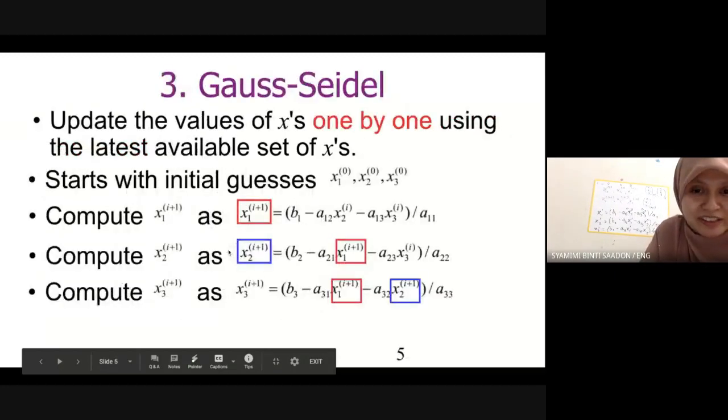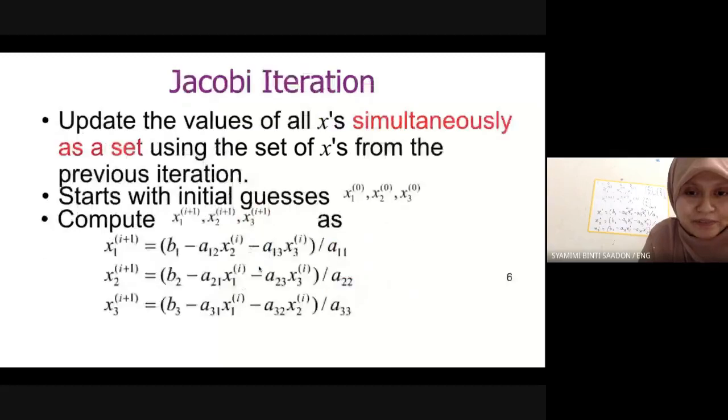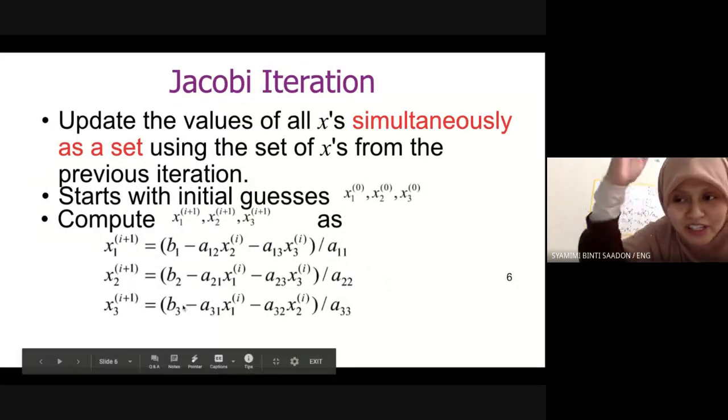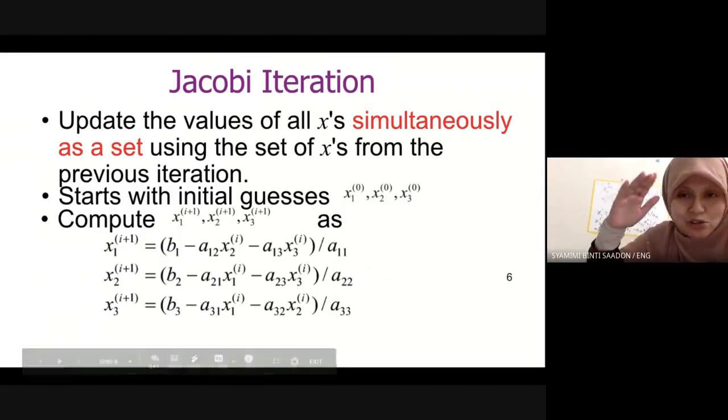Look back at the different part. For Gauss-Seidel, once we get the S1, we already replace it here, even in the first round, to get the S2 and S3. But for Jacobi, we still use the initial value until we finish the first round, for all i's, for example I equals to 1.